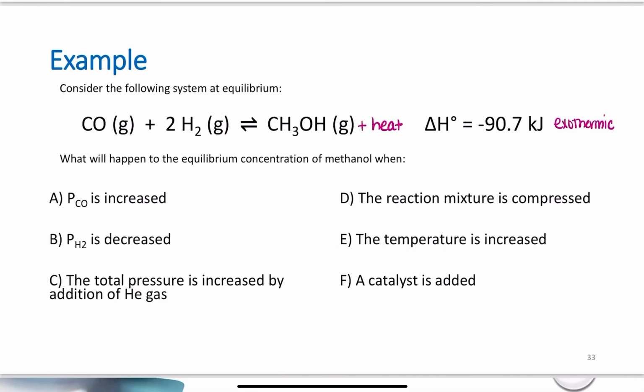So what will happen to the equilibrium concentration of methanol specifically? This is methanol. So in this case, I want to know what's going to happen to methanol specifically if I do the following. If I increase the partial pressure of CO, methanol concentration, MEOH is a shorthand, will be increased.